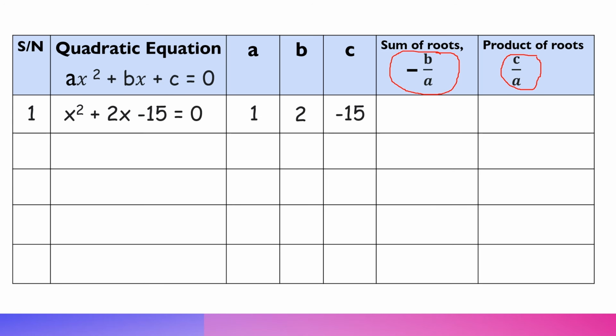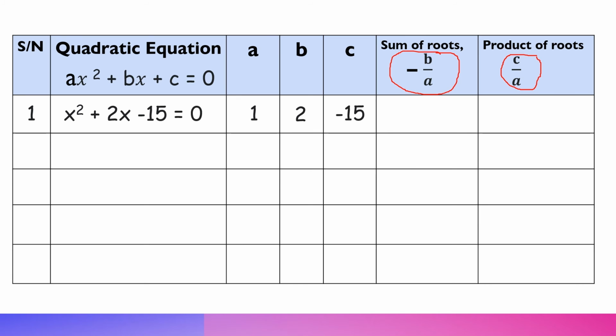A being 1 because A is the coefficient of x squared. Whatever is multiplying x squared here is 1. B being the coefficient of x, what is multiplying x here, we have it as 2. And then C being the constant, we have it as minus 15.